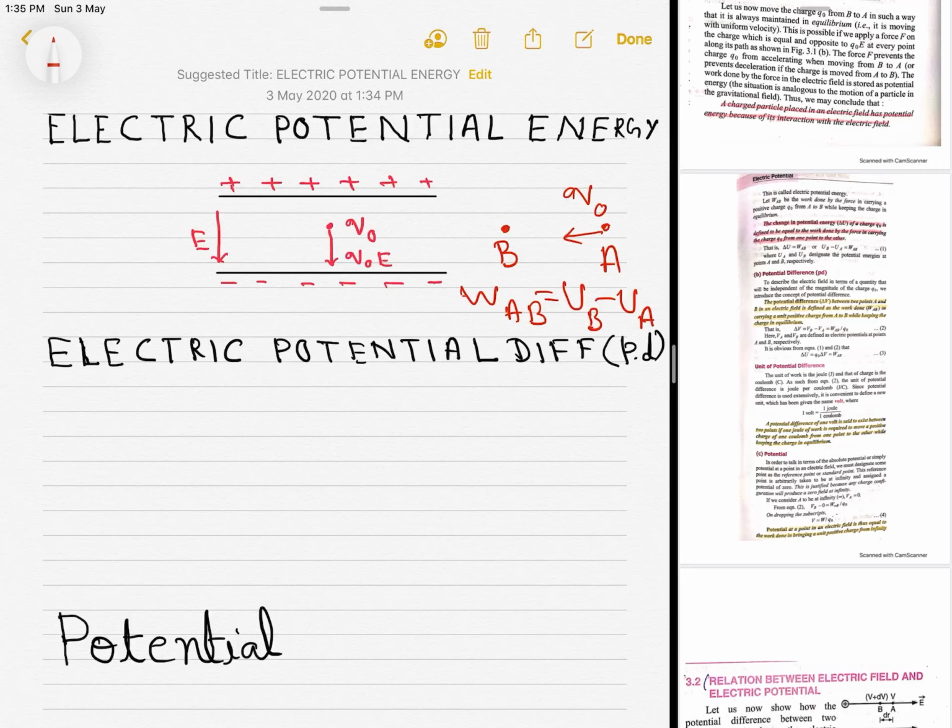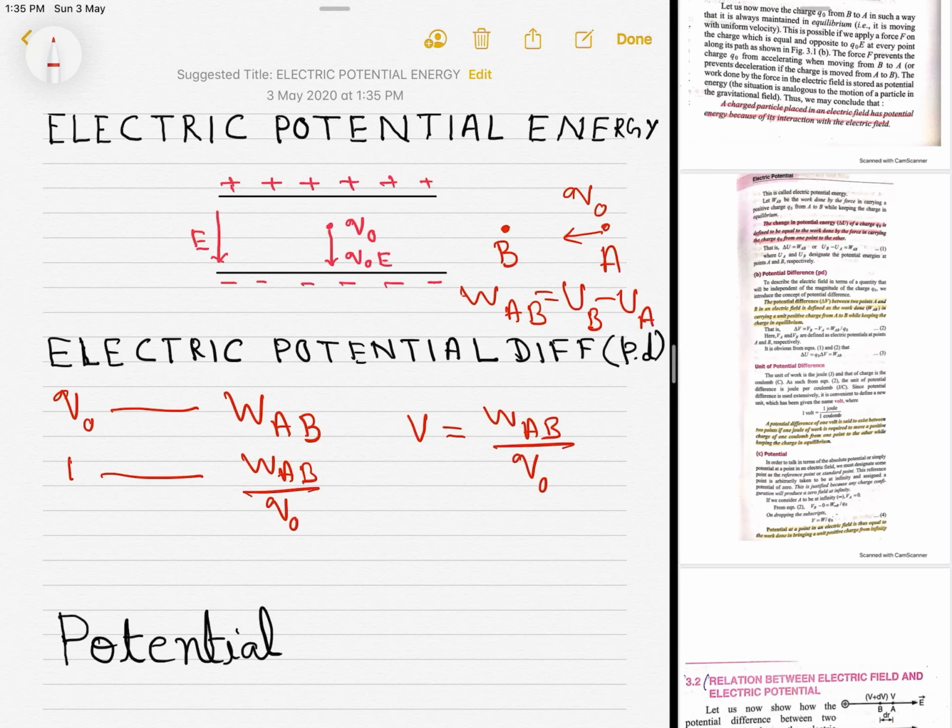Let us say we have to do WAB work to bring a charge from A to B. WAB work done to bring Q naught charge means WAB work has to be done to bring Q naught charge, so to bring unit charge we have to do WAB by Q naught work. So it will be the potential difference between A and B, WAB by Q naught.